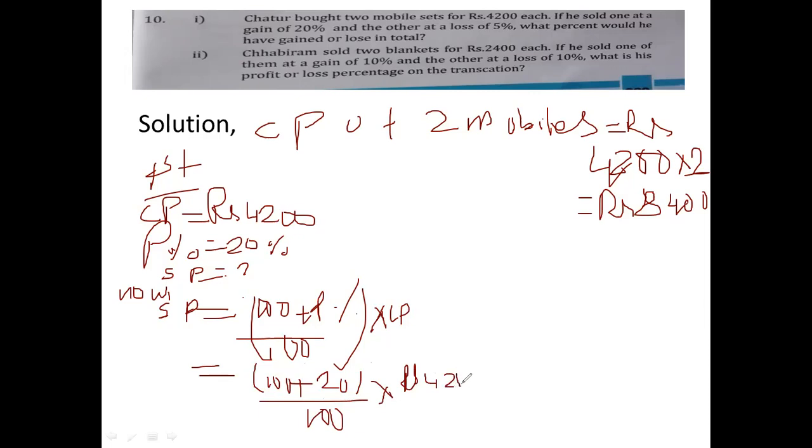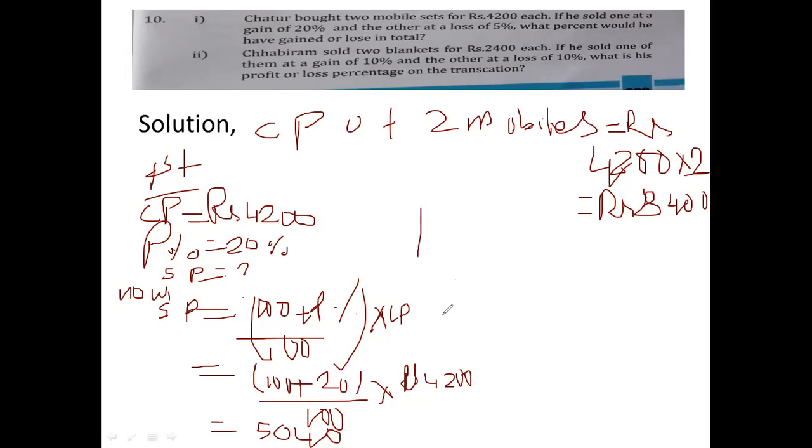If you calculate this, its answer will come: 120 into 42, that means 5,040. Calculate it. Does it come 5,040 or not? Check.